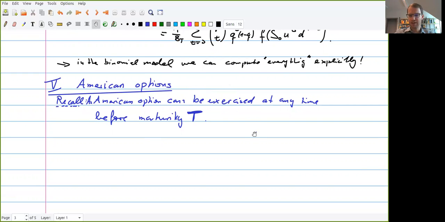Okay, so we leave now the world of the binomial model, but if you want to, you basically can keep it in mind as the standard example.